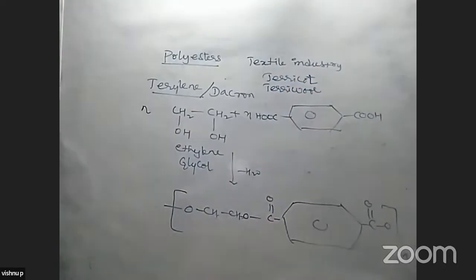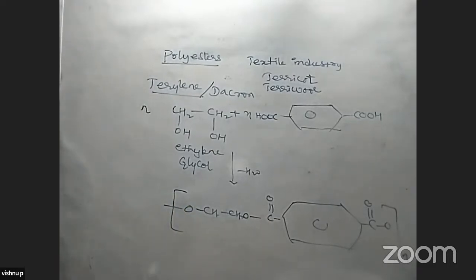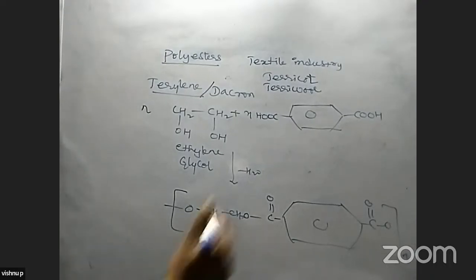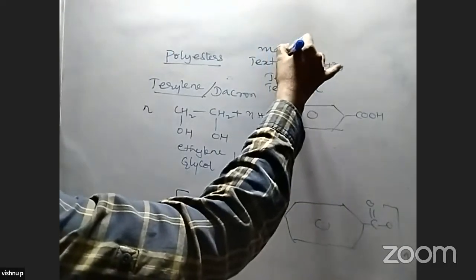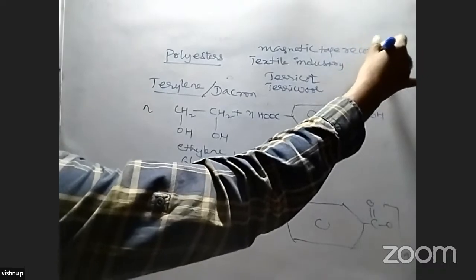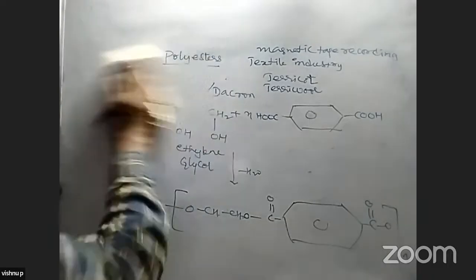Because of this, wrinkles decrease and the tensile strength of the fibers also increases. One more important use is in the preparation of magnetic tape recordings. The first type of polyester is Terylene or Dacron.